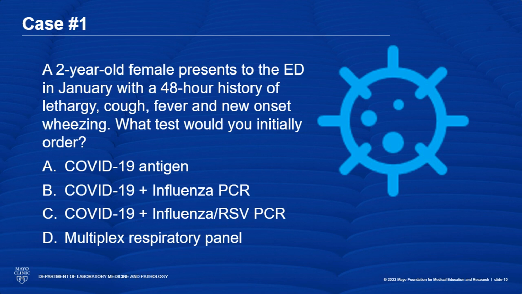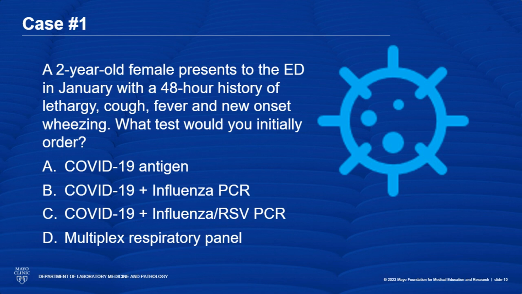And so with that type of a patient, young patient, respiratory illness, onset of wheezing, what test would you initially order or recommend? Would it be a COVID-19 antigen test, a COVID-19 and influenza PCR, a COVID-19, influenza, and RSV PCR, or would you recommend a multiplex respiratory panel?